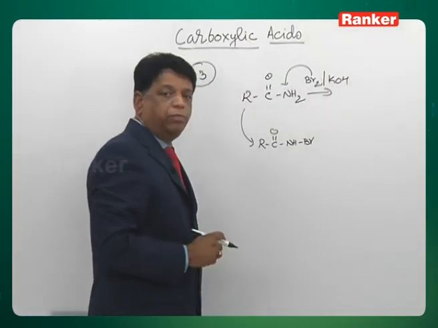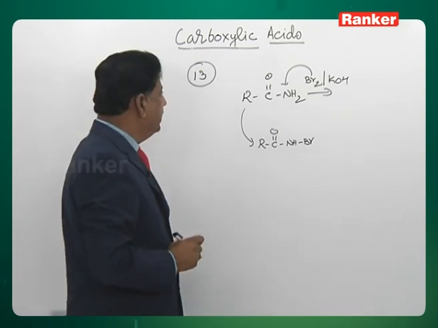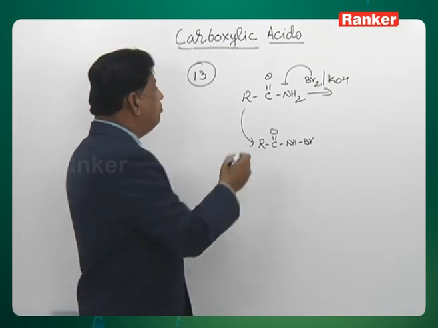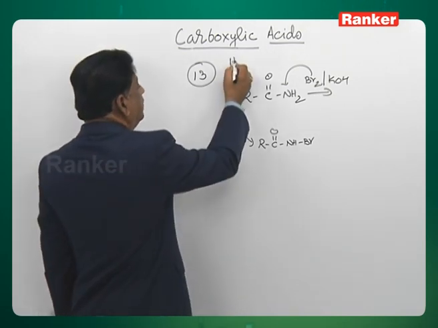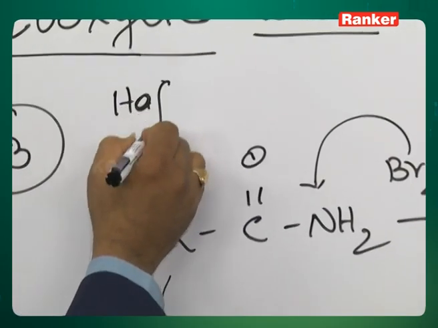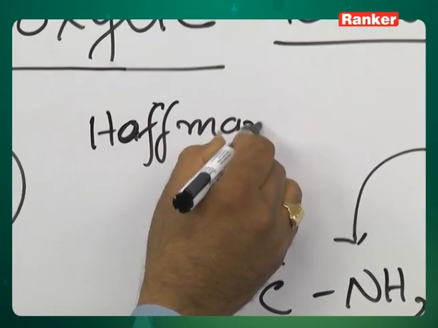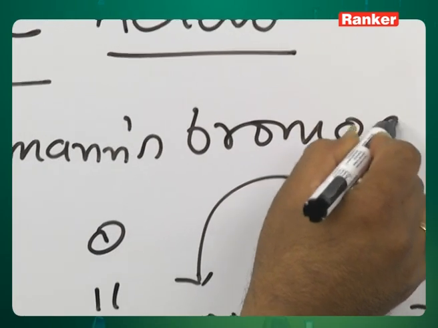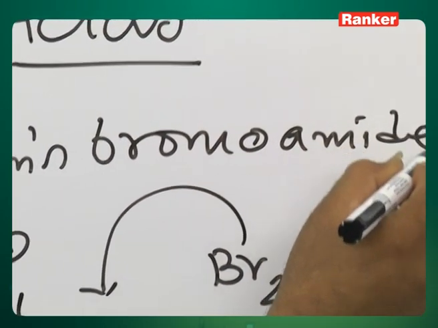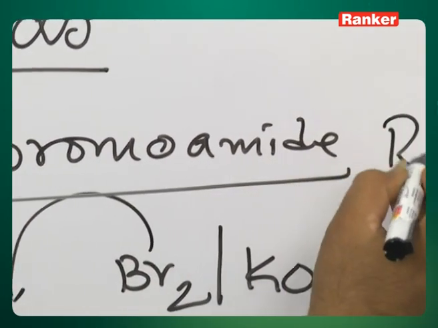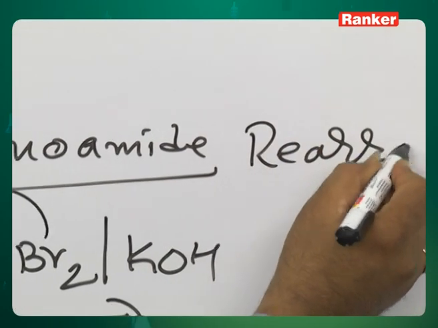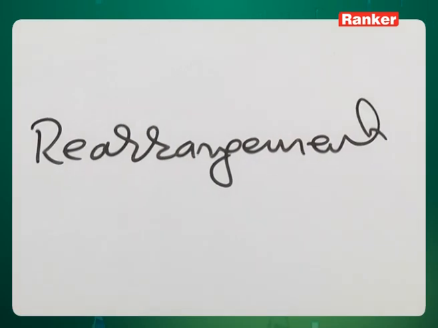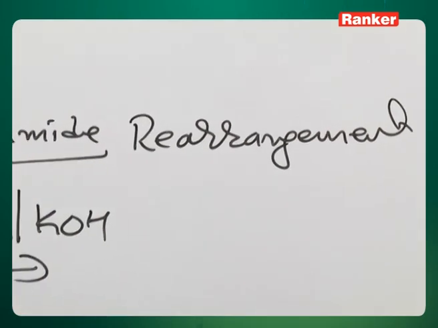This is called the N-bromoamide. The name of the reaction is Hofmann's bromamide rearrangement. There is a rearrangement involved, not in the overall compound, but at one step.